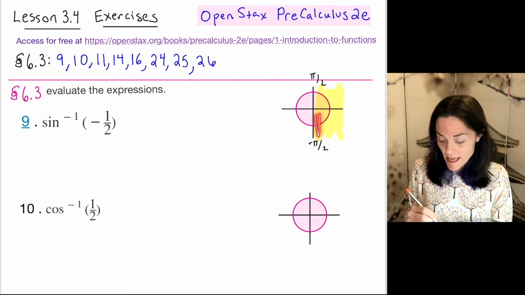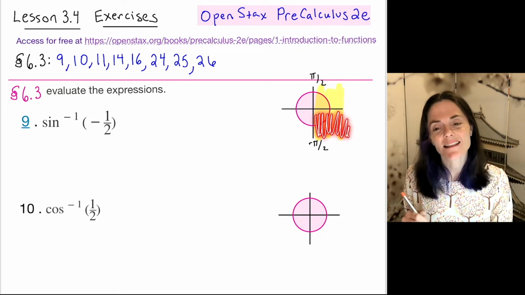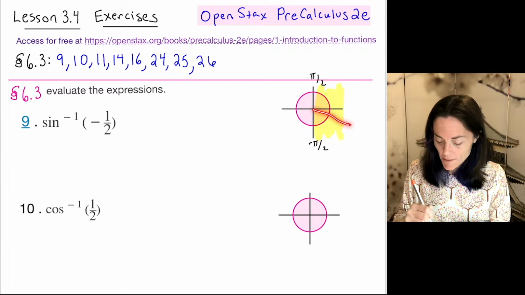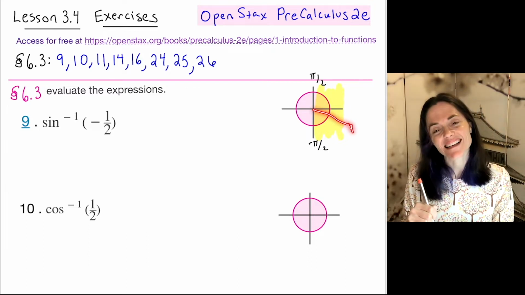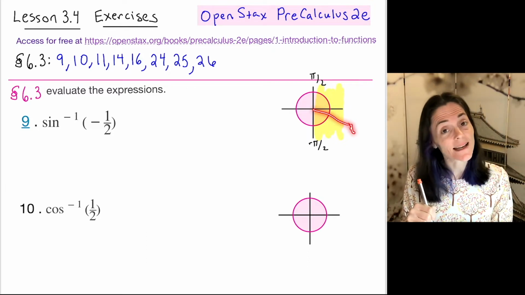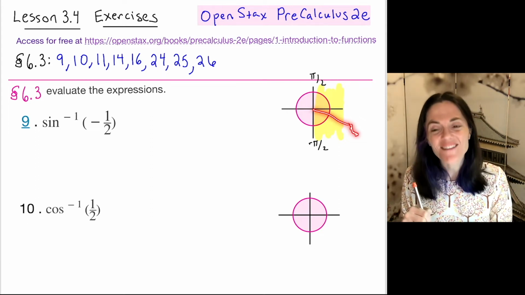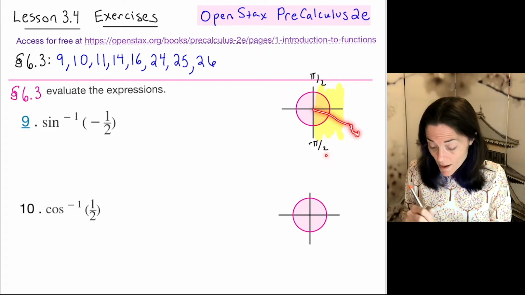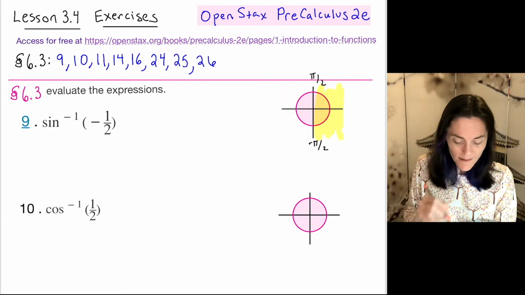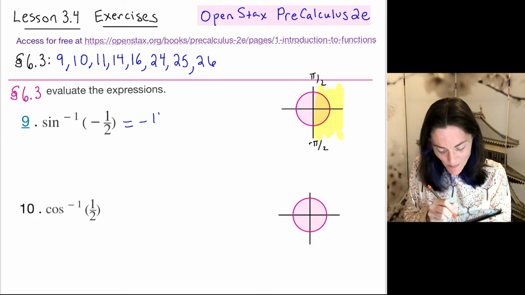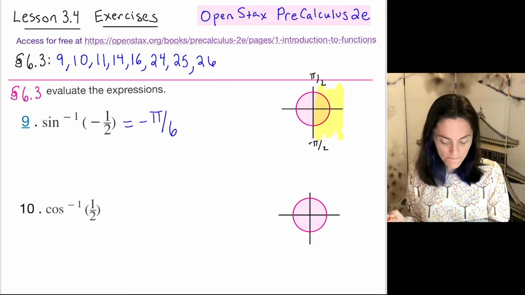Well, the sine is negative down here, and the 1/2 part, this would be about right here, where the cosine is square root 3 over 2 and sine is negative 1/2. This has reference angle pi over 6, and so on this interval, we get negative pi over 6.